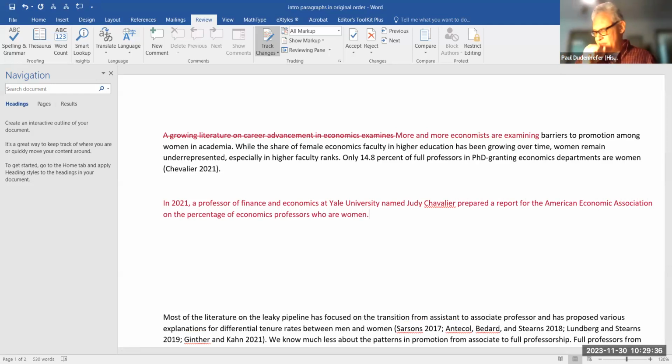Now, I would argue that this makes it even more accessible to a general audience, because now you're focusing not on a group of people, economists, but on a very specific person at a very specific place who was asked to prepare a very specific report.